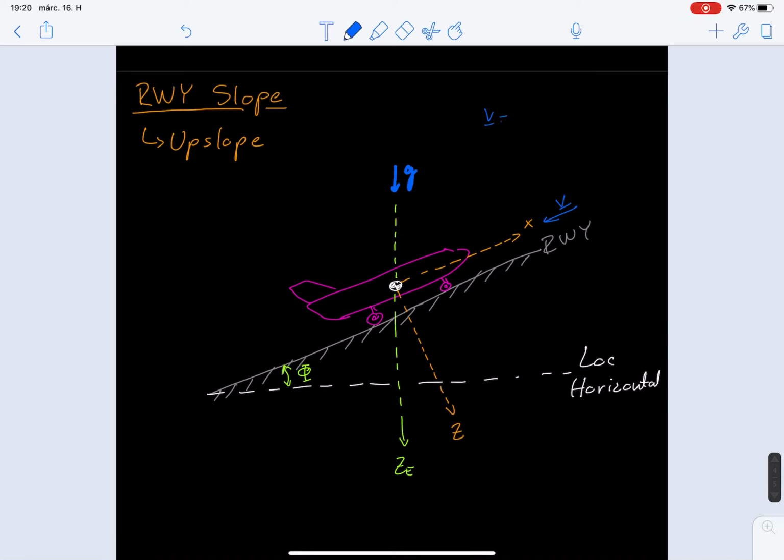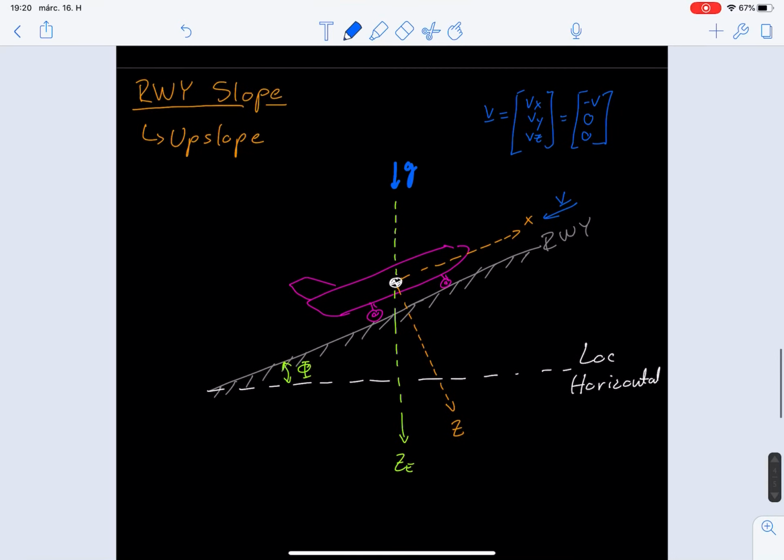We're going to say that this undisturbed airflow basically has three components, Vx, Vy, and Vz. And we're going to presume that this undisturbed airflow is only flowing in the negative longitudinal direction with the magnitude of V and no other components, right?